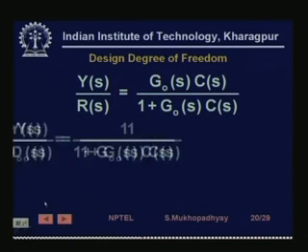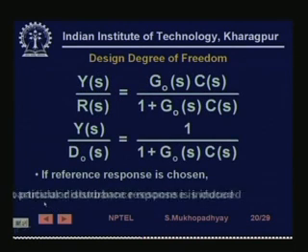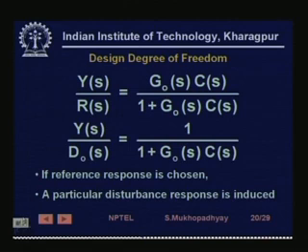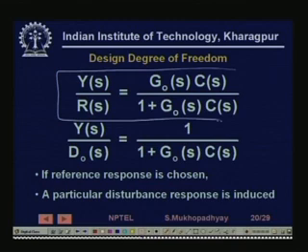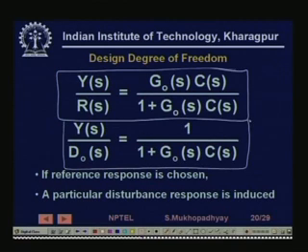This is the transfer function between Ys and RS, and this is the transfer function between Ys and D0S. So you see that if you choose CS to design your disturbance response, then your set point response is fixed, you can't change it.